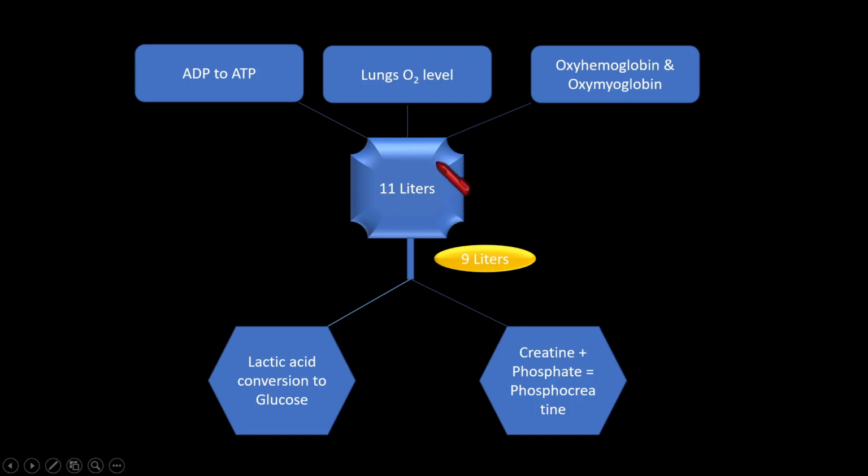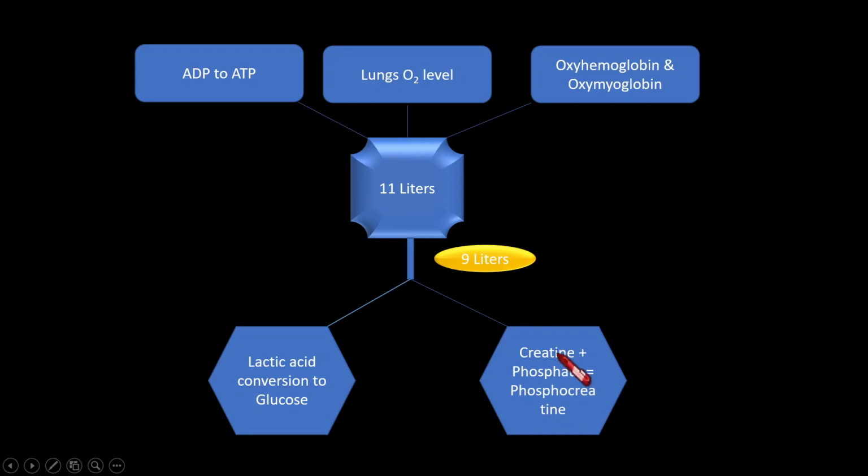value. Of this 11 liters of oxygen, 9 liters are used up for the conversion of the lactic acid formed during that vigorous exercise to glucose, and the other process, apart from this, is the formation of phosphocreatine.